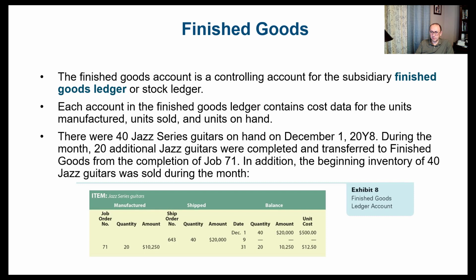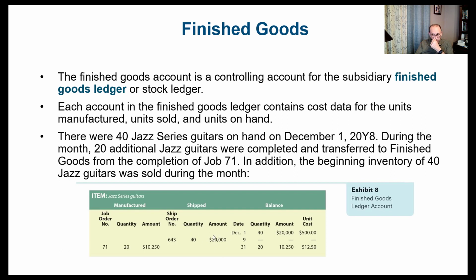So if you look at the Jazz series guitars here, which is the finished goods ledger, we see that we had on December 1st 40 guitars. The unit cost is 500, so the total amount is 20,000. Multiply 40 by 500, so that's 20,000. And then we sold on December 9th the 40 units.